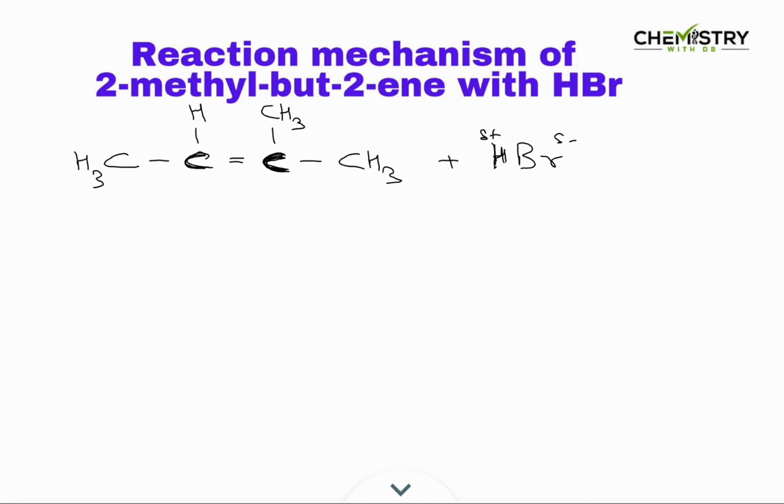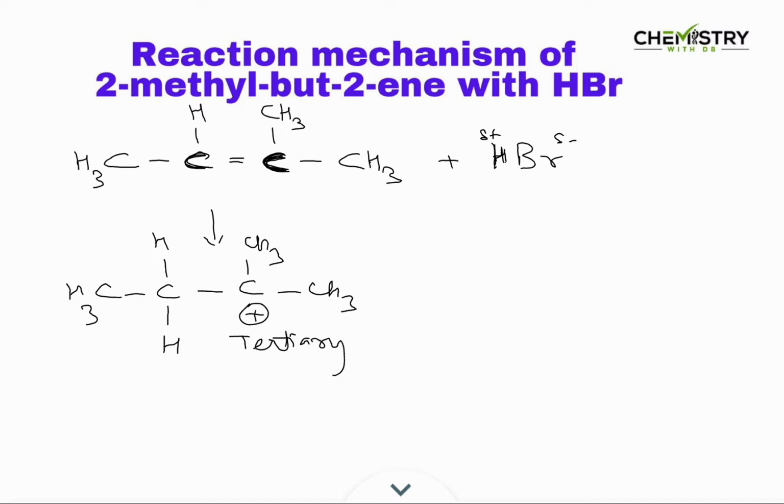So it's likely to go in this place, and the carbocation that is going to be formed will be a tertiary one. A tertiary carbocation is likely to form because it is more stable than in the other case.